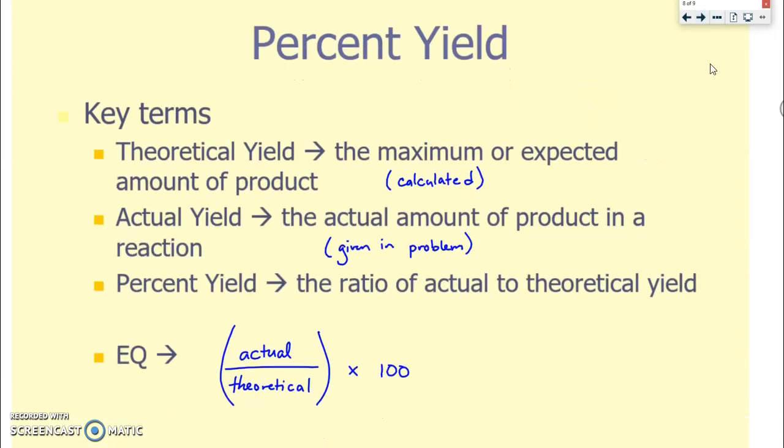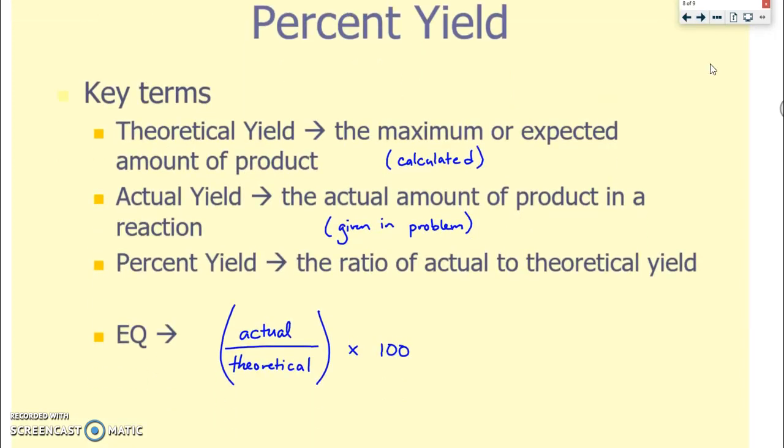The final concept that we need to talk about is something called percent yield. There's some key terms here. So the theoretical yield is the maximum or the expected amount of product that we calculate using our mass calculation. The actual yield is exactly what it sounds like, the actual amount of product in the reaction, so it's given in the problem. And then the percent yield is the ratio of the two.